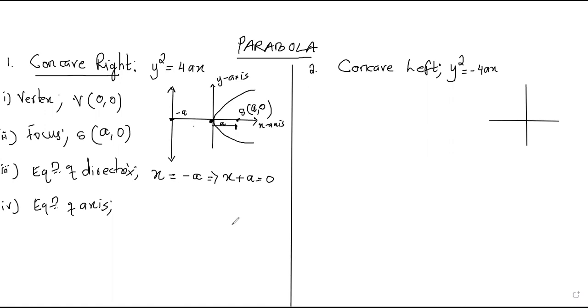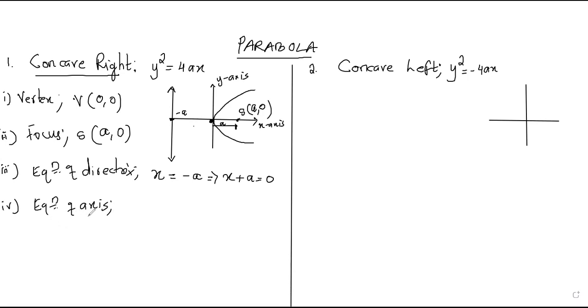The x-axis. The x-axis is passing through the vertex of the parabola. Understood now? Yes, sir. And this line, the x-axis itself, is called the axis.